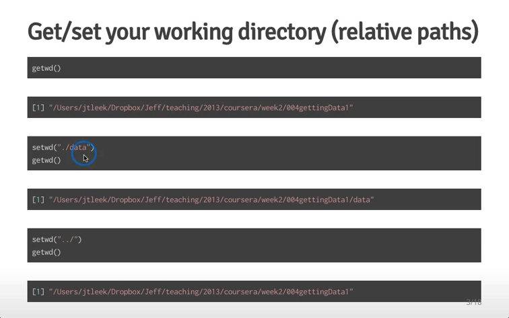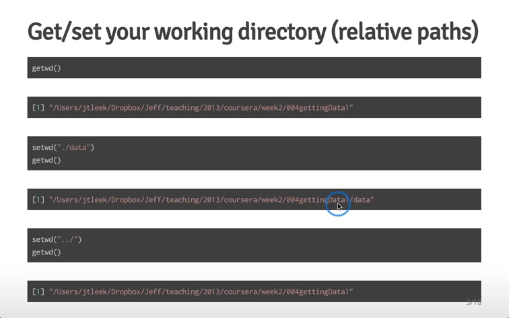Or since R knows that we're in this directory, I could just type setwd("./data"). The ./ component of this string, and this should work either on Windows or Mac, tells R that you want to look in the current directory where you're located, and then see if there's a directory called data and move into that directory. So indeed, if I type getwd, I see that I've now moved into the /data subdirectory of the gettingData1 directory.